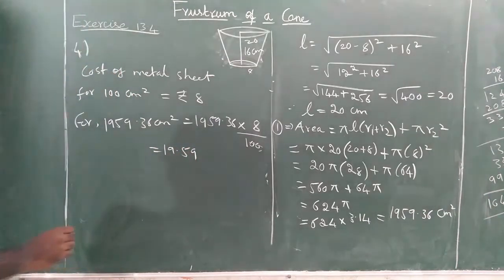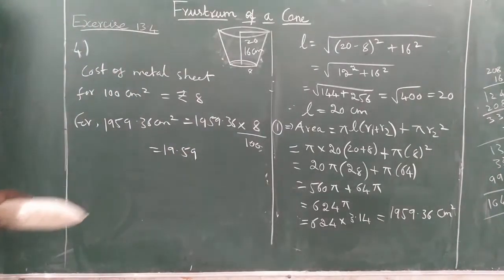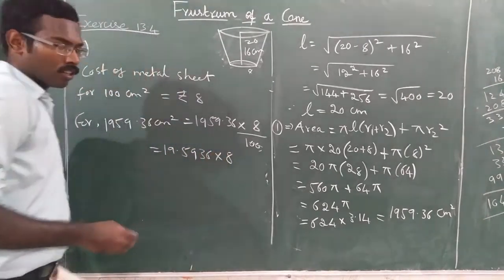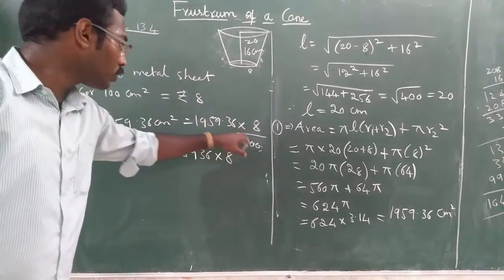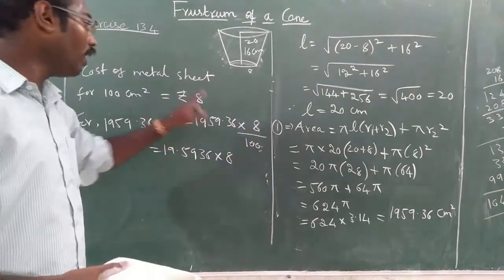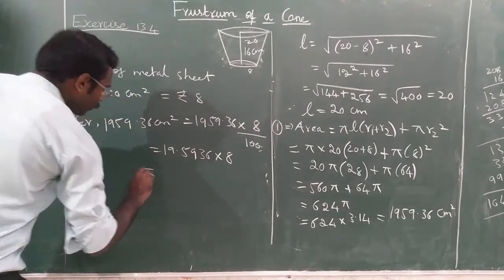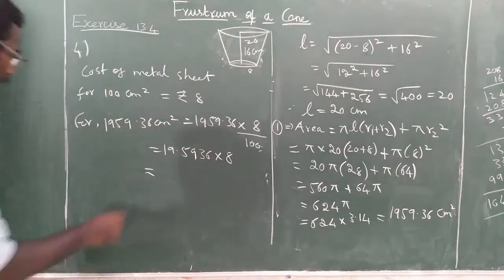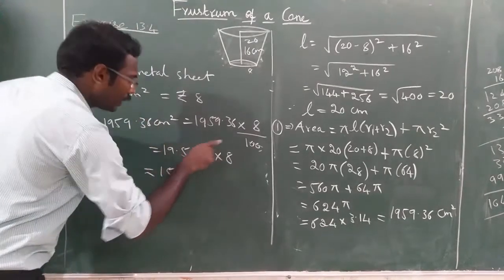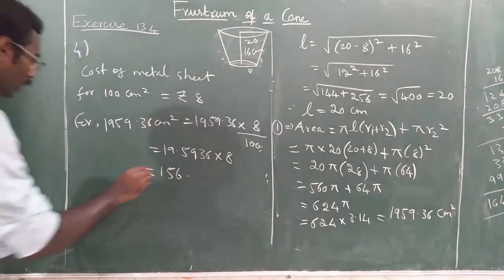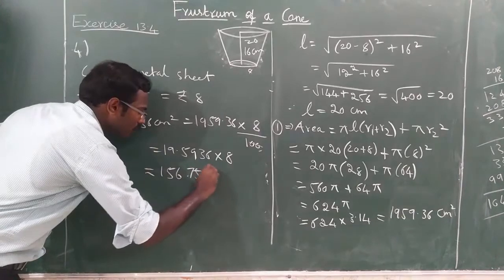So you will get 19.59, okay, so into how much? 19.5936 into 8. Okay, so I am taking 2 digits to the left. So the answer will come approximately equal to, if you multiply this, your answer is 156.75 rupees.